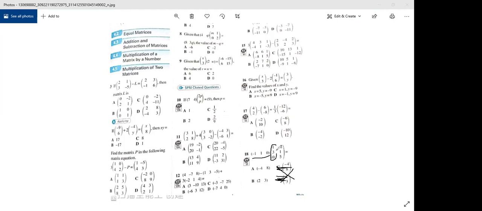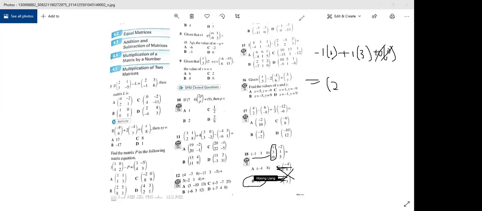We just solve like this, column by column, row by row. So it's negative 1 times 1, 1 times 3, 0 times 0, just 0. So negative 1 plus 3, so you get 2. As I said, 1 times 2. So the answer is B.